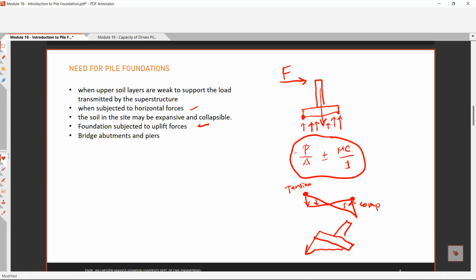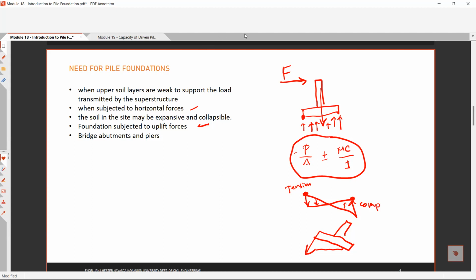So kapag ganyan yung scenario mo, mag-iisip ka, parang hindi yata pwede isolated footing dito or shallow foundations. Maybe kailangan kong gumawa ng micropiles, okay? Or maybe mat foundation. So let's see. Titingnan mo kung ano ba yung mas economical doon sa dalawa. Okay.